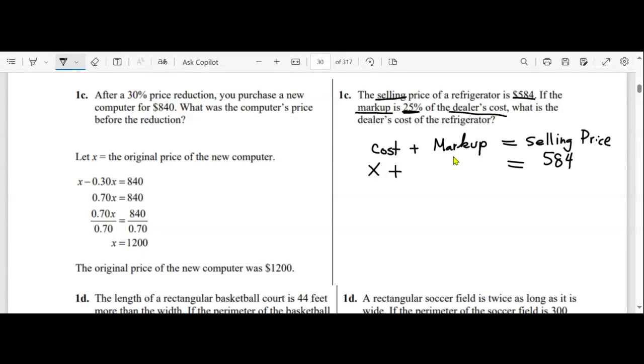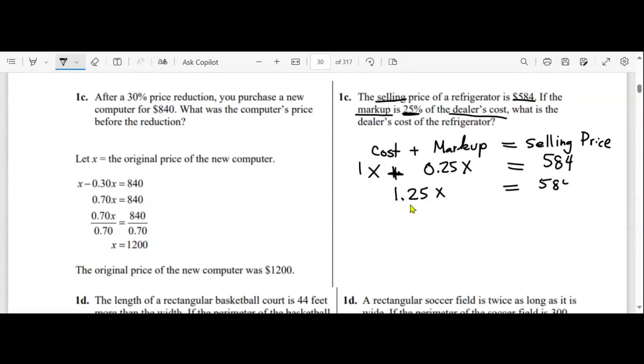Do you know how much the markup is? Only 25%? 0.25 times X, right? Now remember, markup we have to do what? Plus. Now, can you combine this together? What do you get? 1.25 X, because this is 1 here, right? Equal 584.